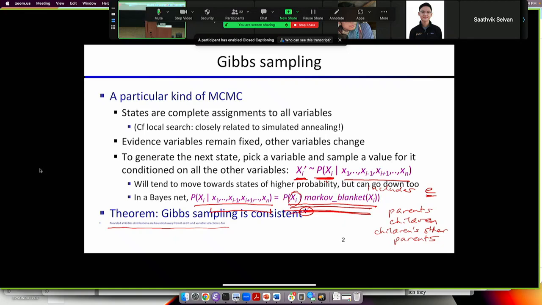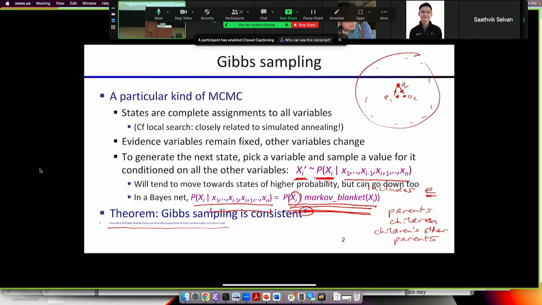So imagine you had a big network like this, and this is the query variable Q. Here are the evidence variables, right? E1, E2. The variables around here are probably not going to make a big difference. The variables in this neighborhood, right, the ones connecting the query and the evidence, are probably quite important to get right.